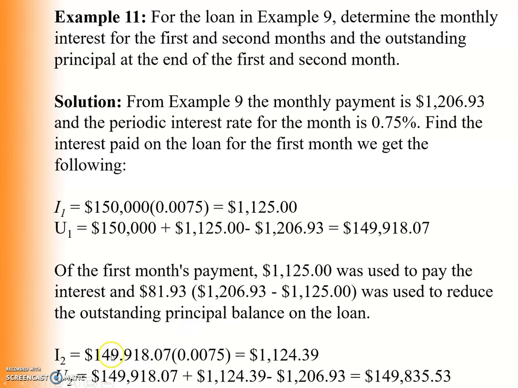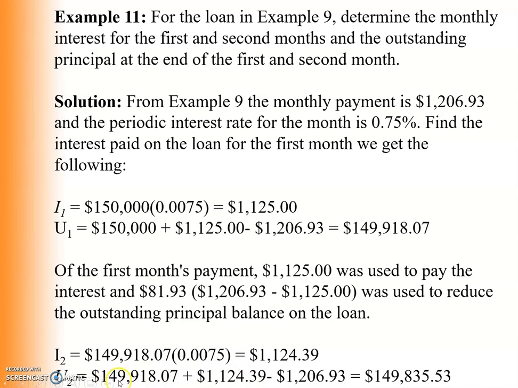For the second month, now we will use this outstanding balance and multiply by the interest rate to calculate the interest for that second month. In this case, you can see that the interest for the second month decreased from 1,125 to 1,124.39. A very slight change, but there is a decrease in the interest.